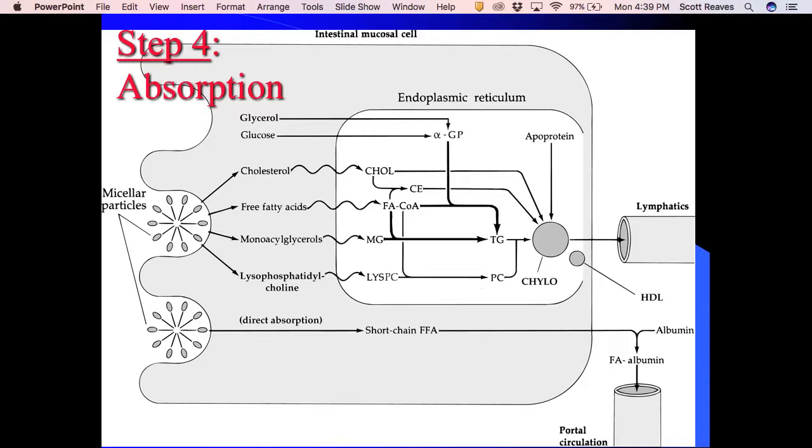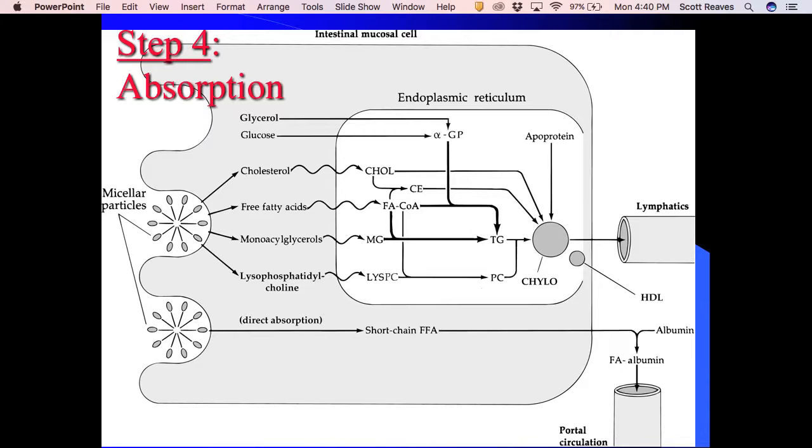And coenzyme A is used by lots of different enzymes. So the fatty acid is now activated. It's activated by the addition of coenzyme A. In other words, now other enzymes can use these fatty acids.